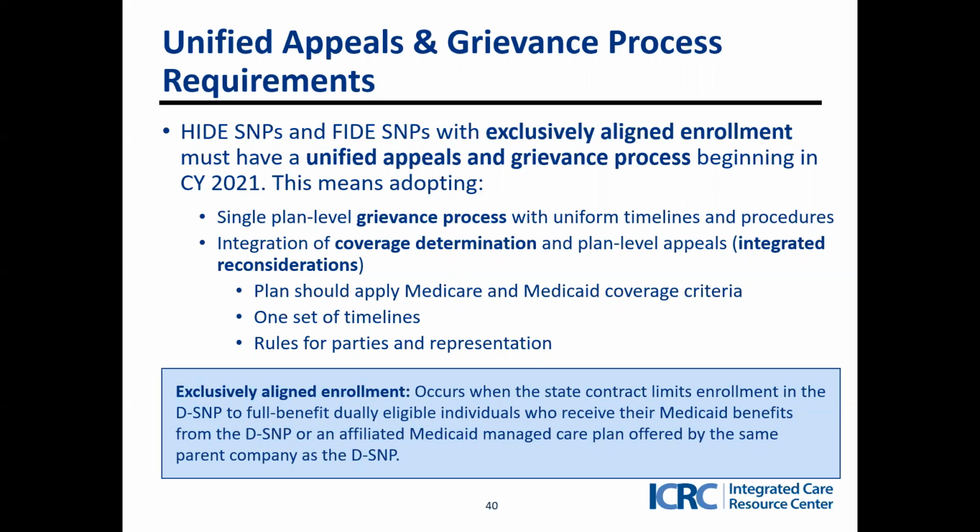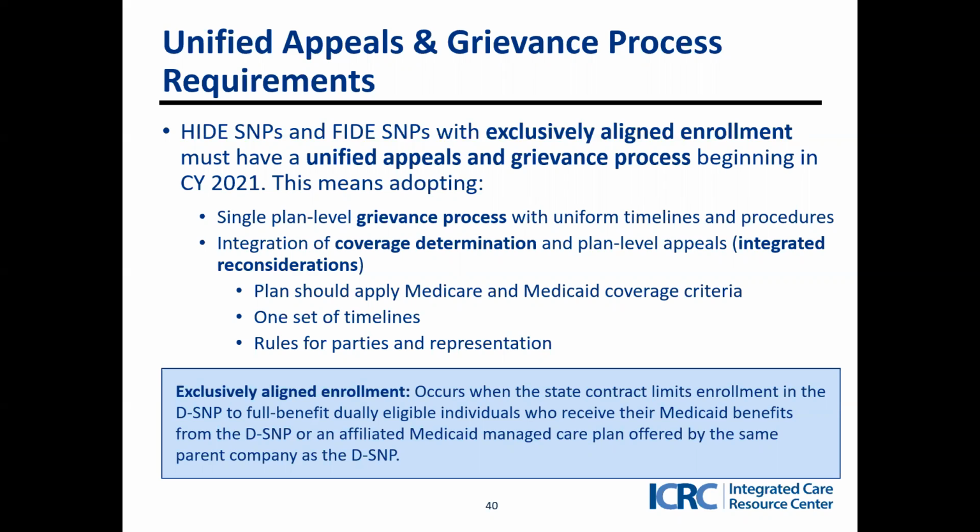The reason why this is important is because historically, even in plans that integrate Medicare and Medicaid coverage, enrollees still have had to navigate separate processes while filing appeals and grievances. So this requirement is really aimed at alleviating some of the burden and confusion among enrollees.